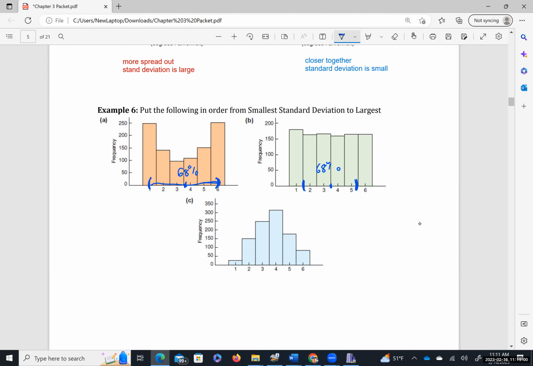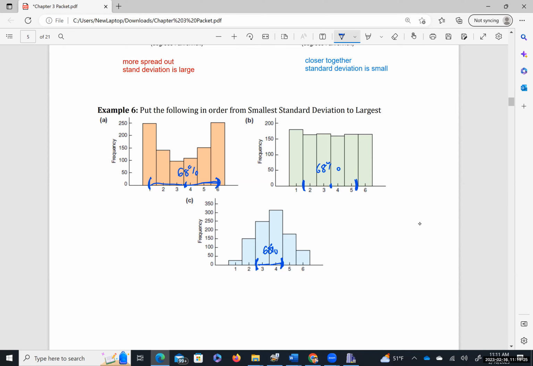For the last one, it is roughly symmetric. You can just use the first two here and 68%, right? Because it's focused in the middle.